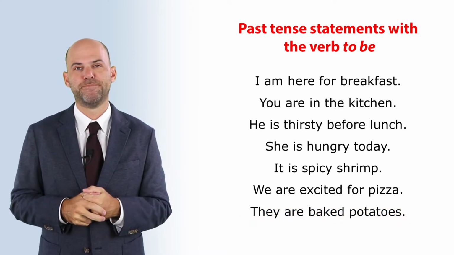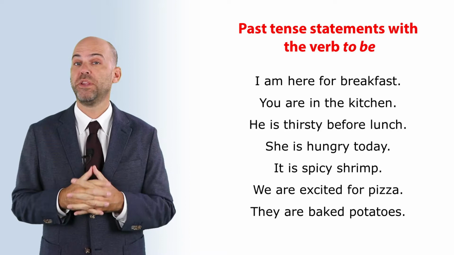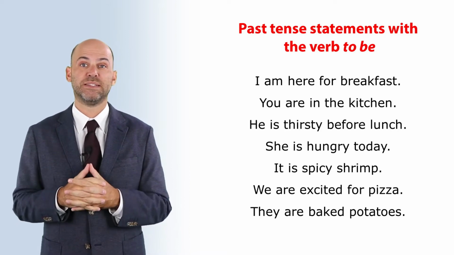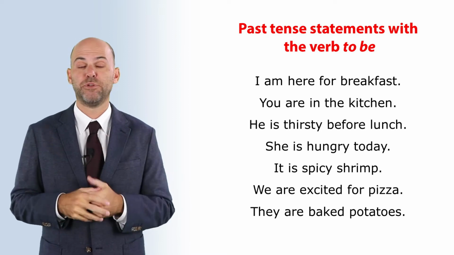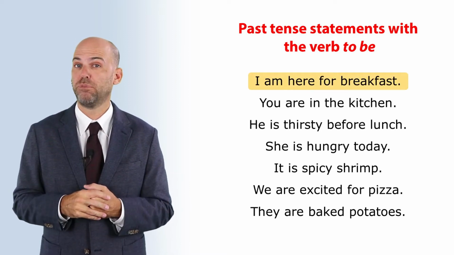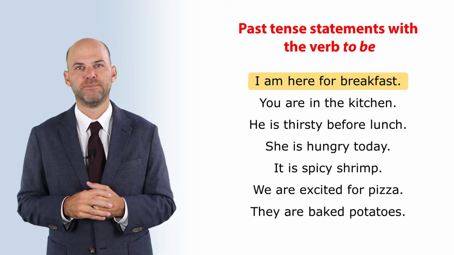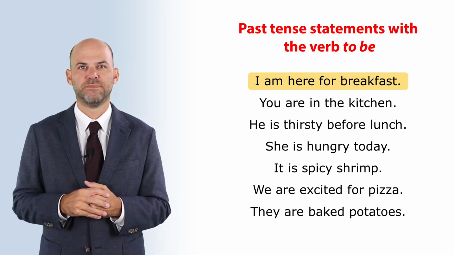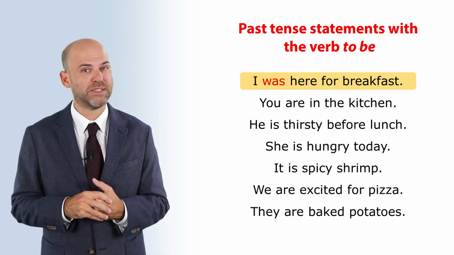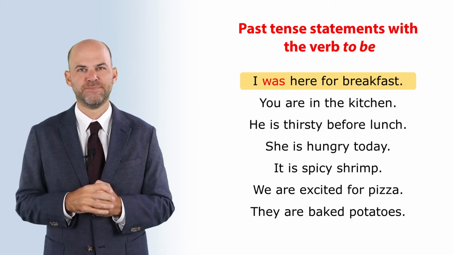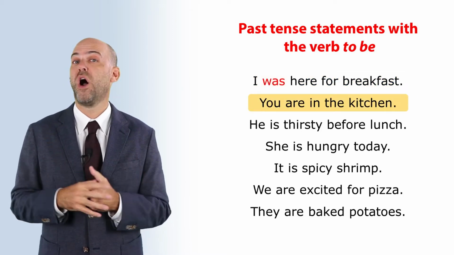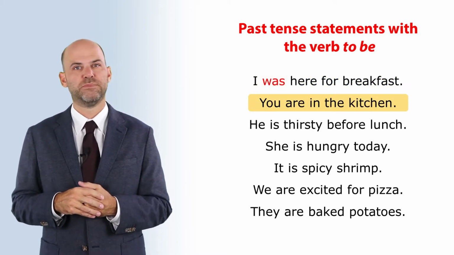Nice job. Let's change these present tense statements to past tense statements. Repeat after me. I am here for breakfast. I was here for breakfast. You are in the kitchen.